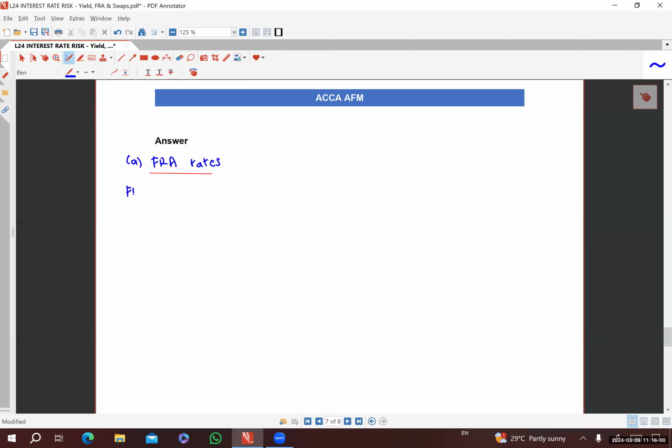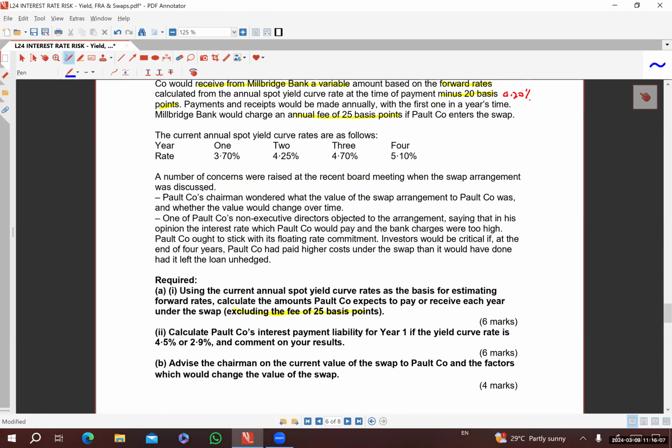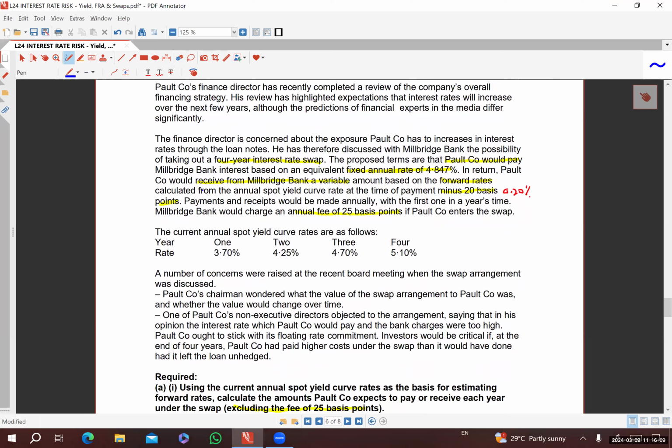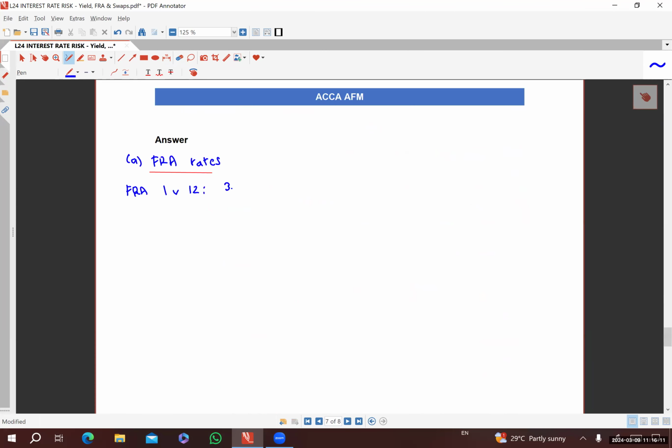The first year, month 1 to 12, will be the same as the spot, 3.7%. Then the second year, month 12 to 24, 1 plus 0.037.